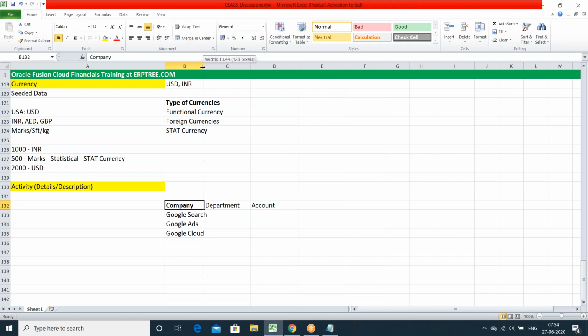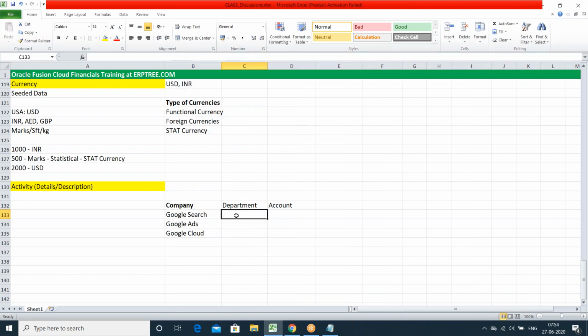And what are the departments they have? They have a finance department, HR department, sales department, marketing department, R&D department, and other departments. And accounts: what are the different accounts they have?